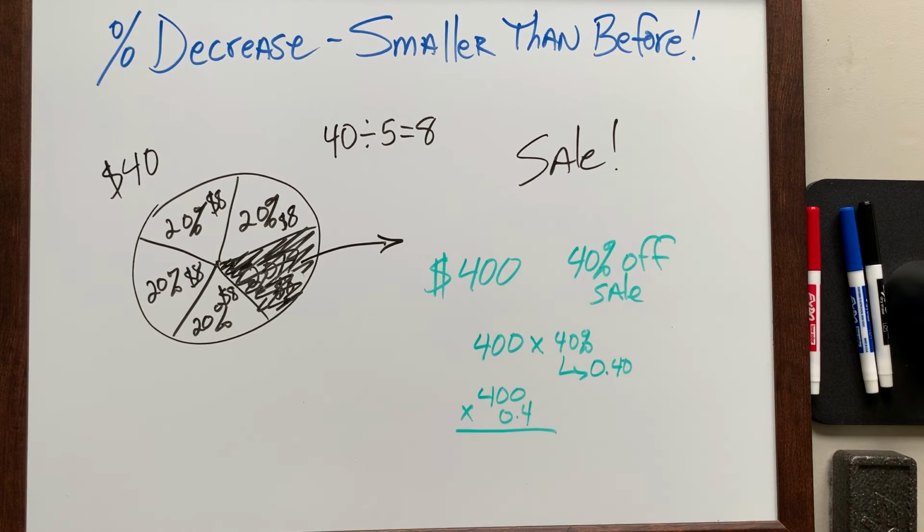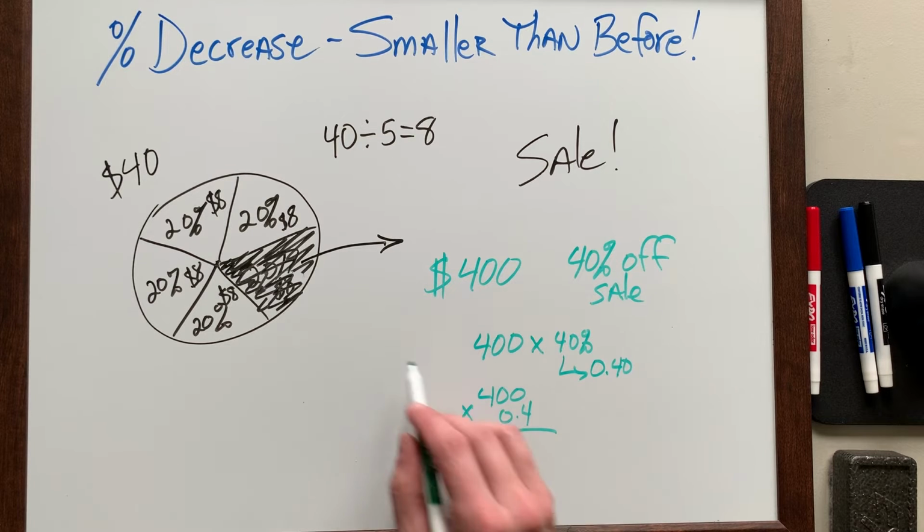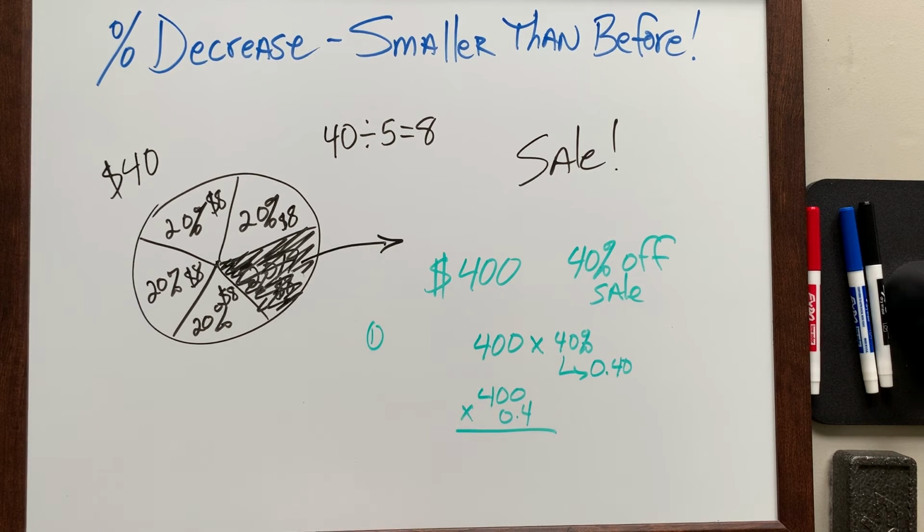0.4. I'm going to use that same trick as before, where I remember or I write down that I have 1 place value to the right of the decimal. So I'm going to remember that for later. And now I'm going to rewrite it as 400 times 4. And this is a little bit easier now because 400 is 4 times 100. So I can multiply these two 4s and get 16 and add the zeros at the end.